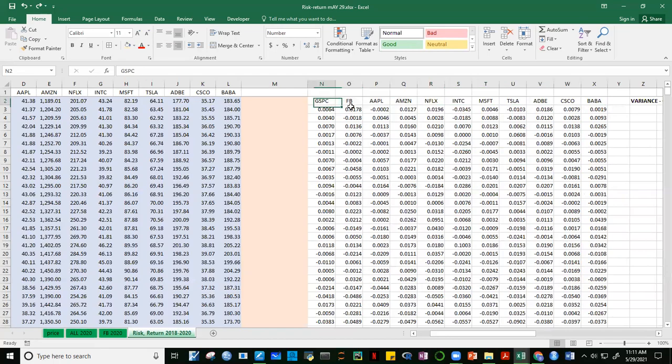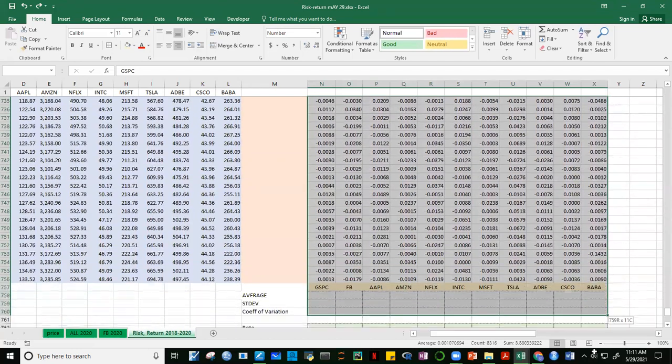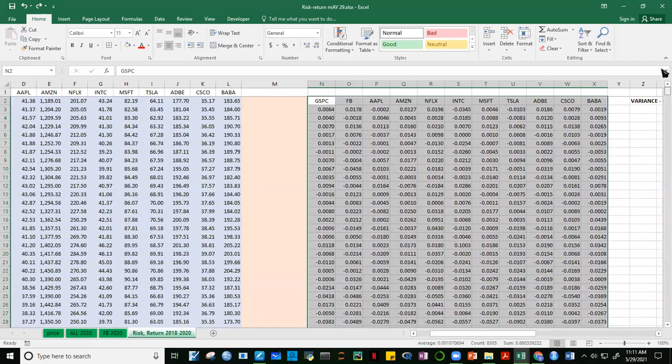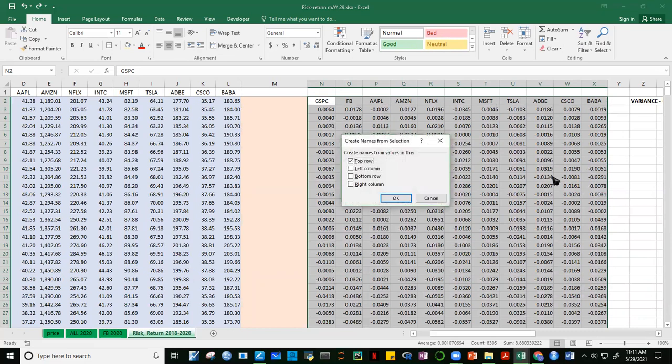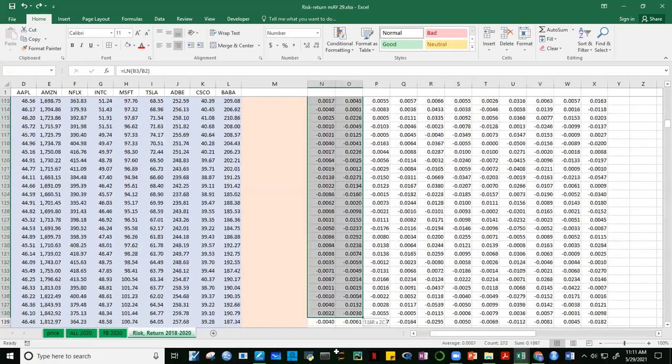Okay, so we can highlight this hanggang baba, no? Although ginawa ko na kanina to, but I'm going to show you. So this one, kasama yung title sa taas. Okay, Control Shift F3. Alala nyo to? And then let's give the name at the top row. Okay, so what we're doing is that yung array na to, yung mga returns ni GSPC, Facebook, may pangalan yan, no?